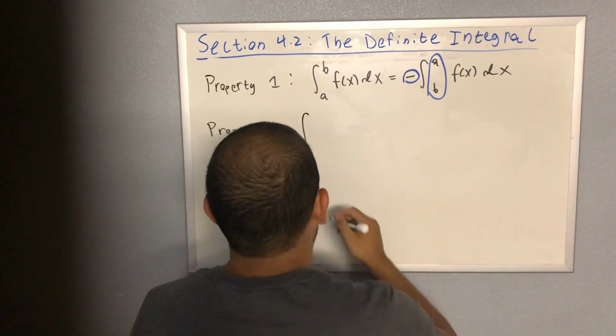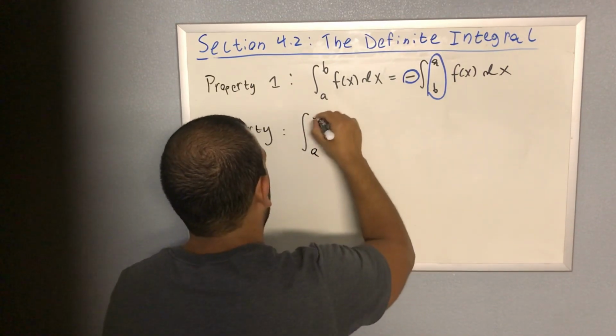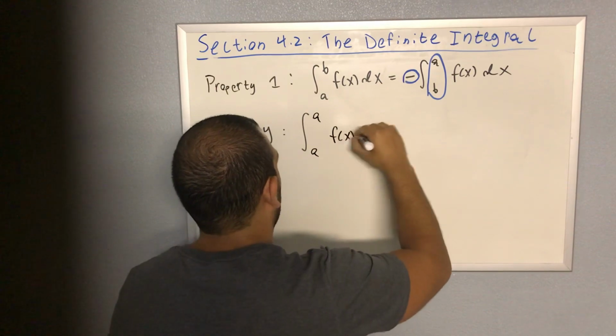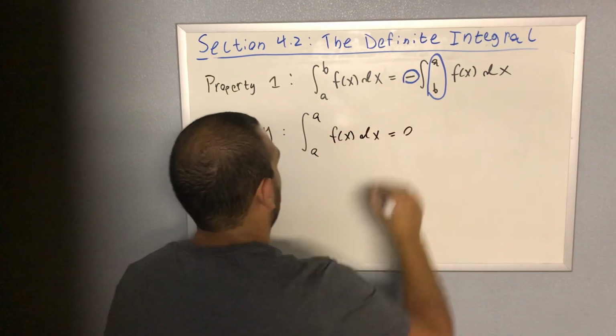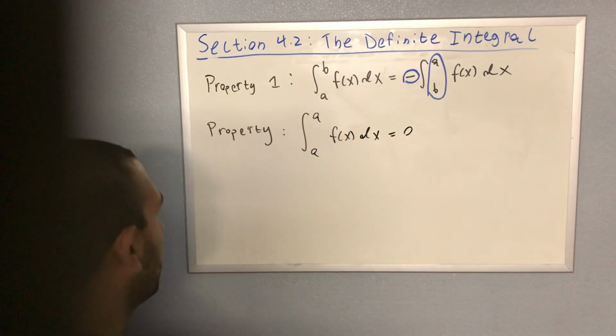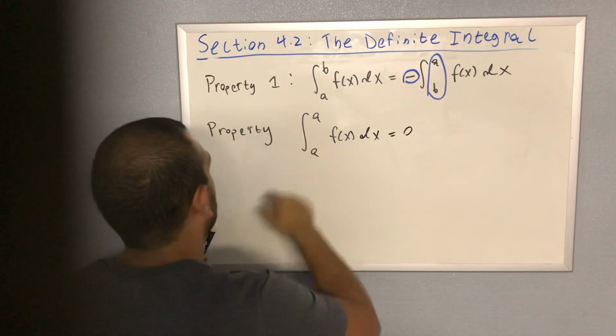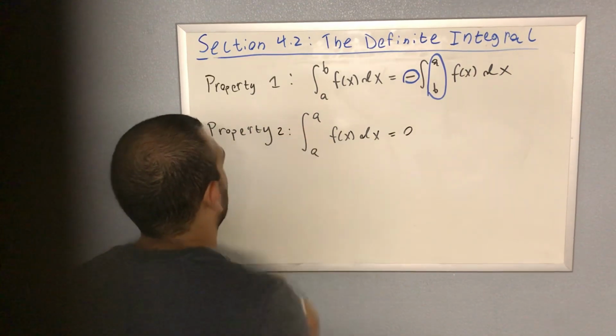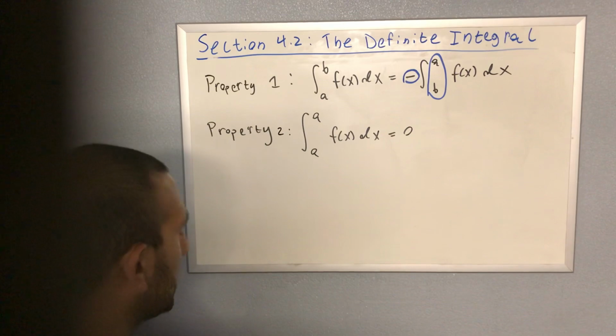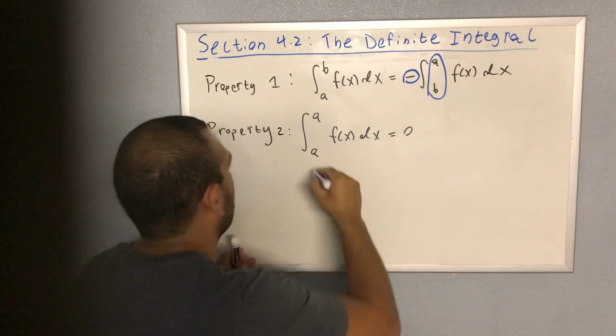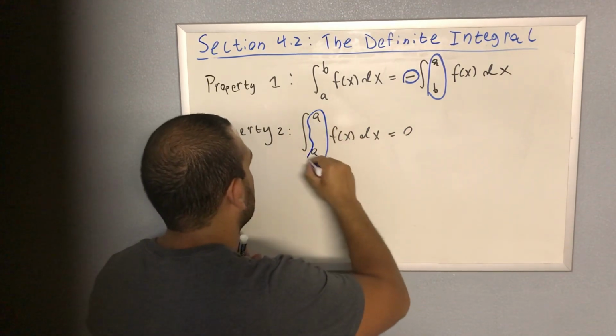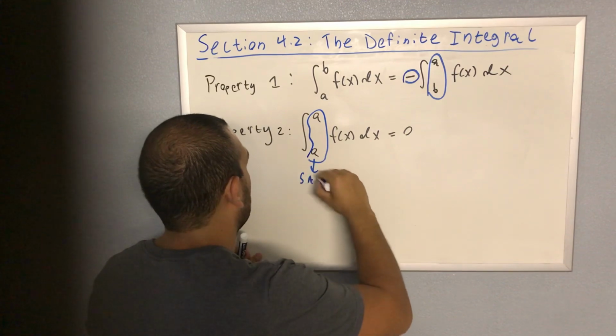Yes. Zero. Property 2, sorry. Notice these limits of integration are the same. That's the key here. Same limits of integration.